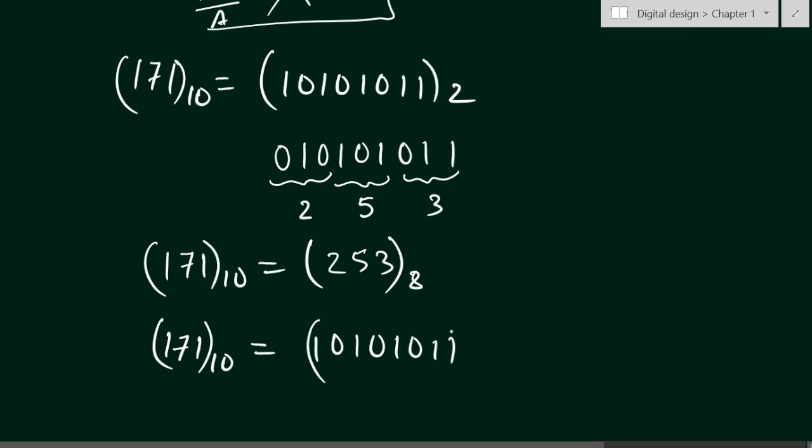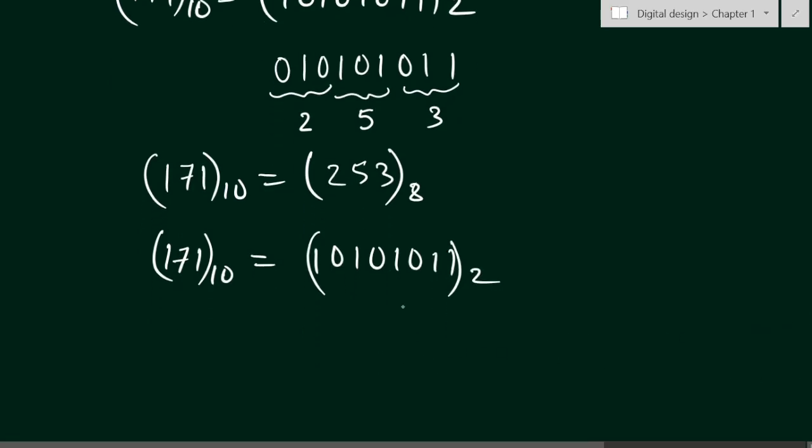10101011. So this is the binary equivalent number. Okay, so from this binary number we can directly find out the hexadecimal number. So write down this binary number 10101011.